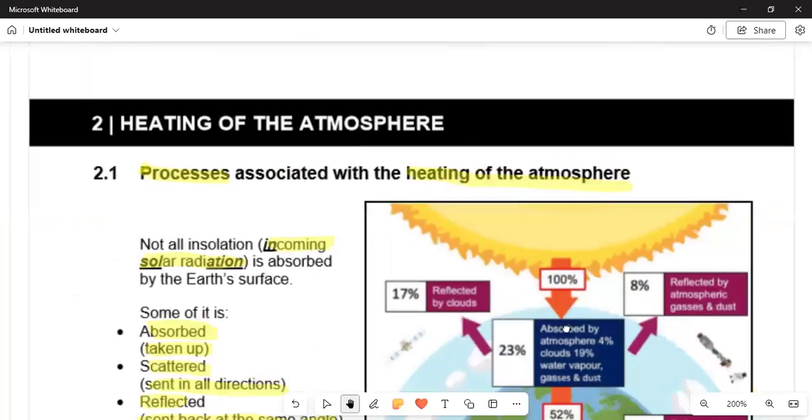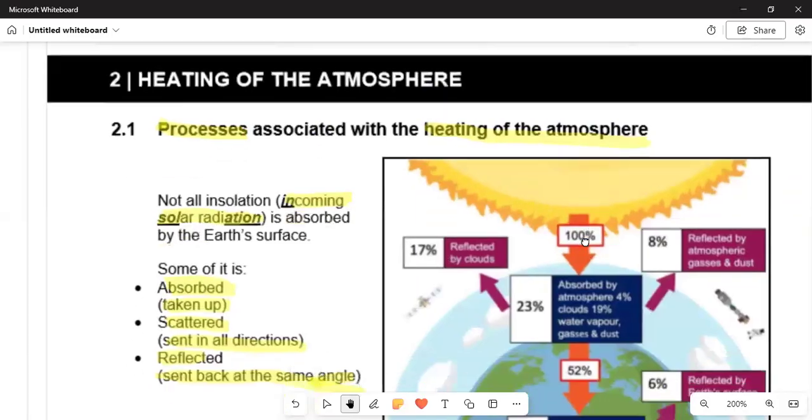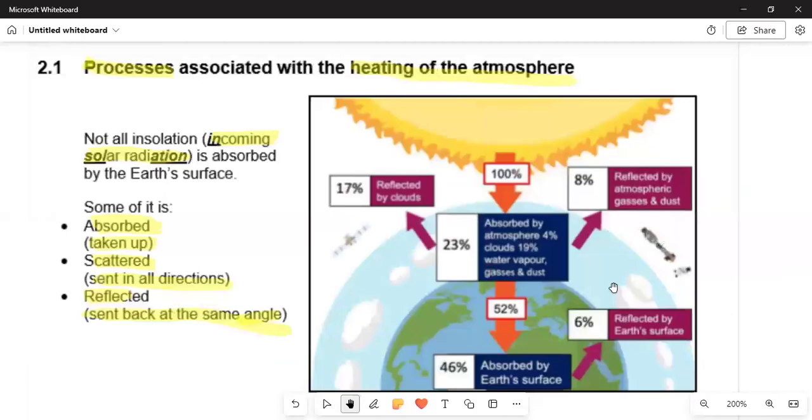And moving on again, we are to see that here we are talking about the heating of the atmosphere. In this process, it is associated with the heating of the atmosphere. When we are moving on again, we are to see that 100% of the heating of the atmosphere is coming directly from the sun.